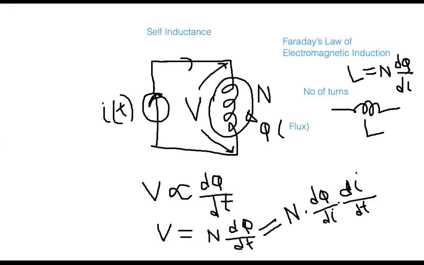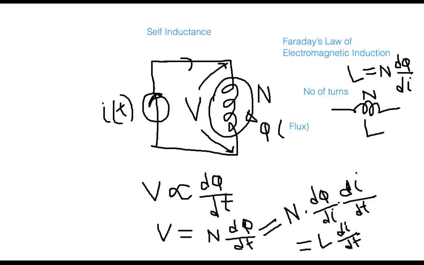That is the definition of inductance. It has N number of turns. We just say L, but this is the definition, N d phi by di. So therefore here there is N d phi by di, which I can say is your L, and then this one is di by dt.